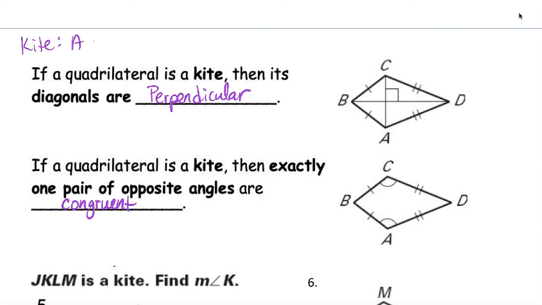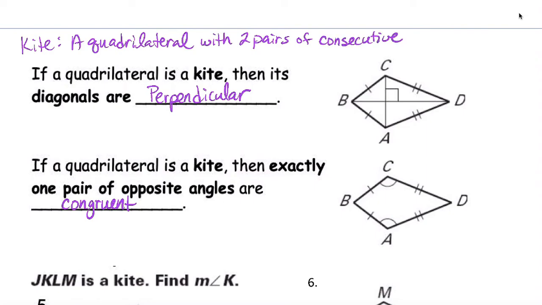This is a quadrilateral with two pairs of consecutive congruent sides. So notice how these are congruent to each other, and then you have another pair of congruent consecutive sides. That is what makes it a kite.